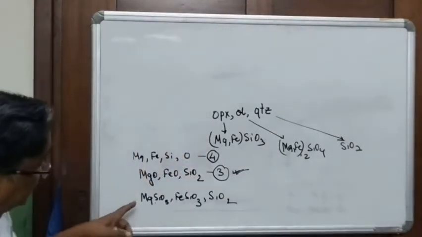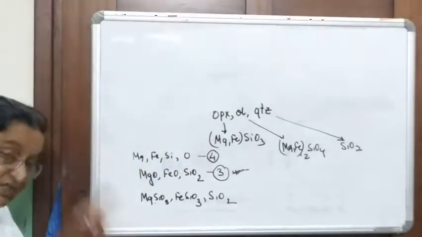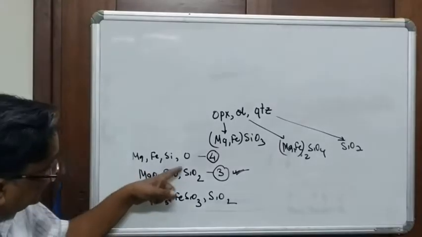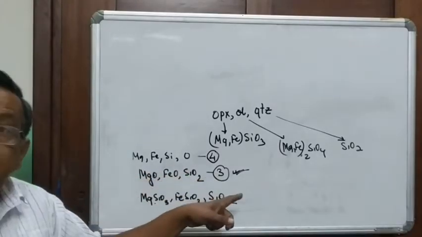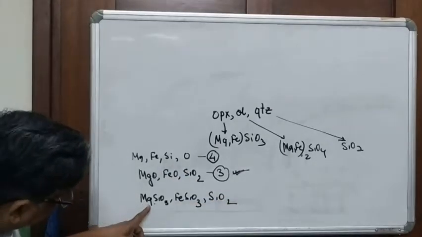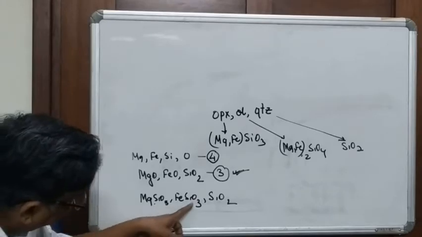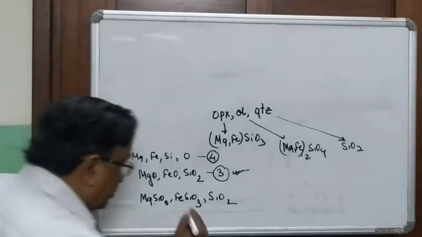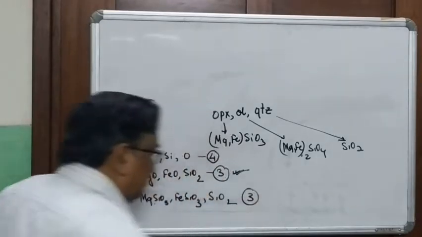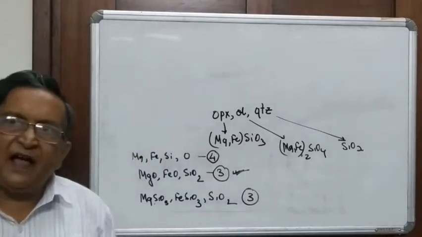Why? If I had written, instead of the MgO, FeO, SiO2 3 component system, MgSiO3, FeSiO3, SiO2, which is also a system component, then it should be fine.